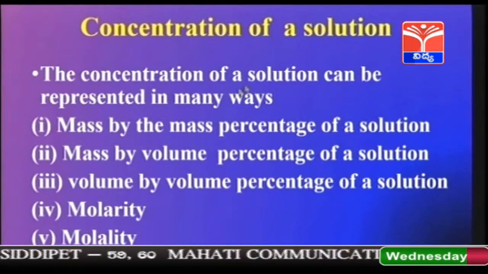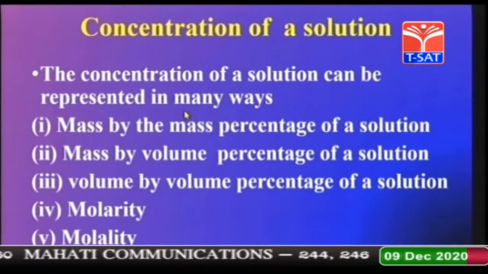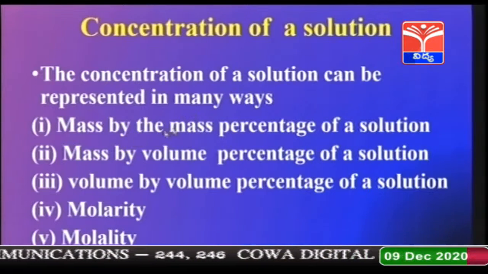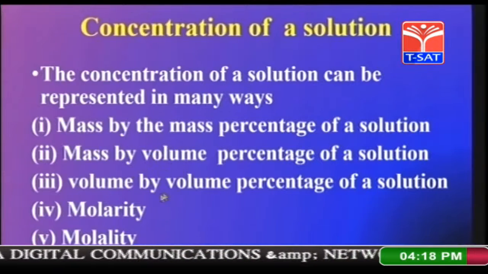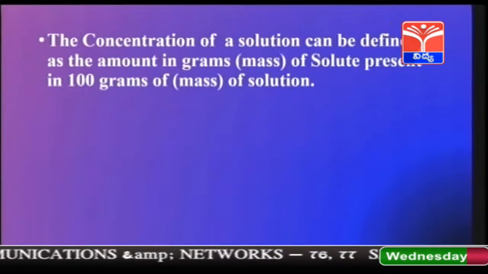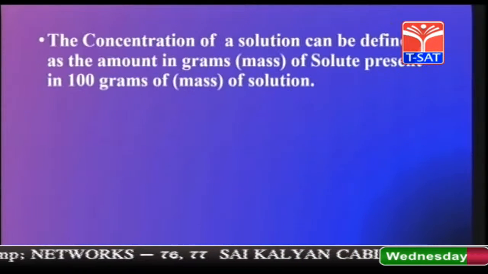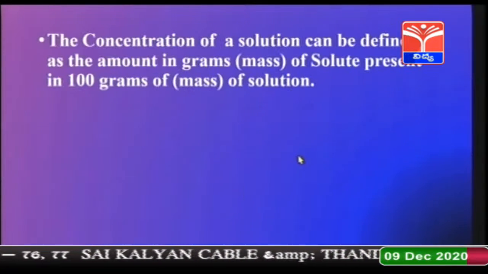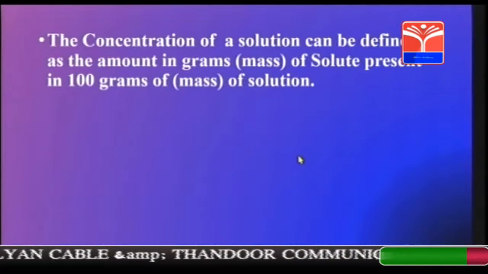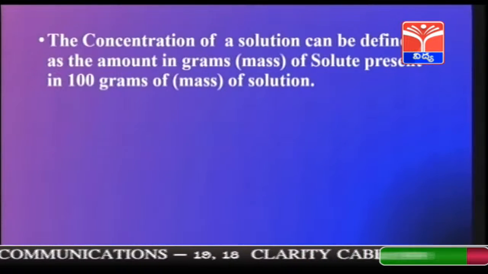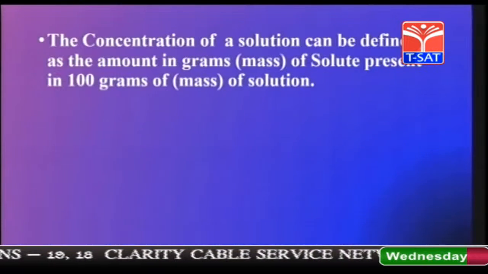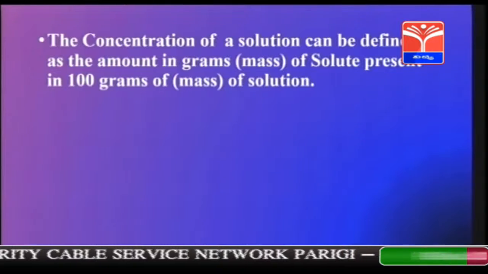The concentration of a solution can be represented in many ways: mass by mass percentage, mass by volume percentage, and volume by volume percentage. Children, let us define concentration. The concentration of a solution can be defined as the amount of solute in grams present in 100 grams of solution.